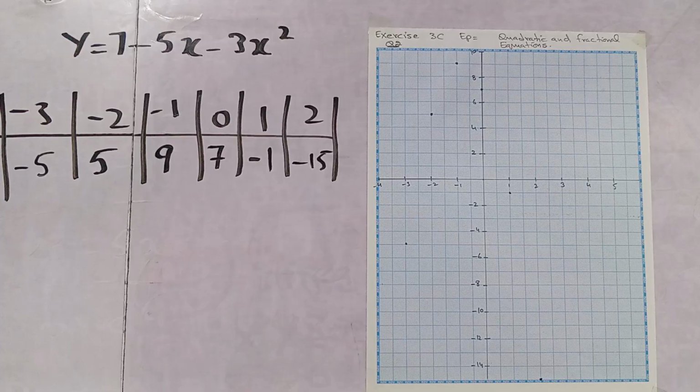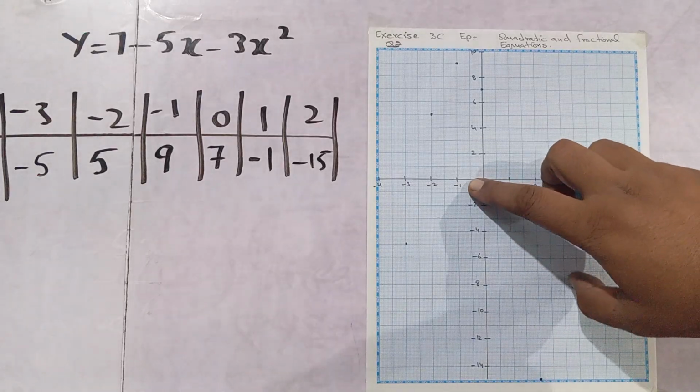Because these points are far away from each other, we will find the points between them, so I will take further points. For example, I can take the point when x is minus 0.5.